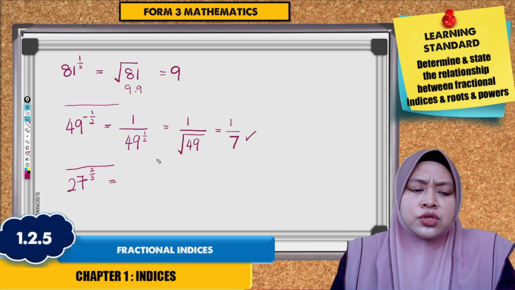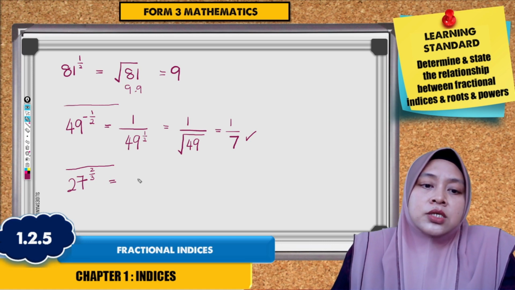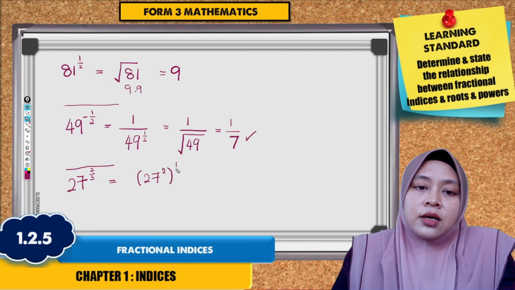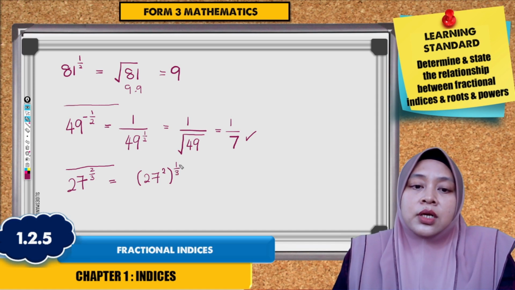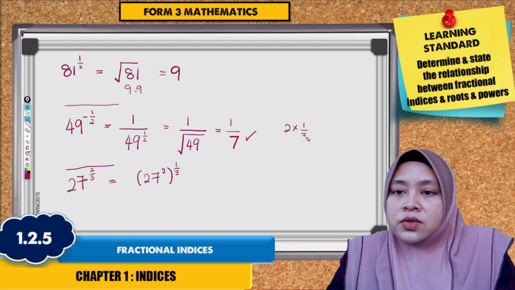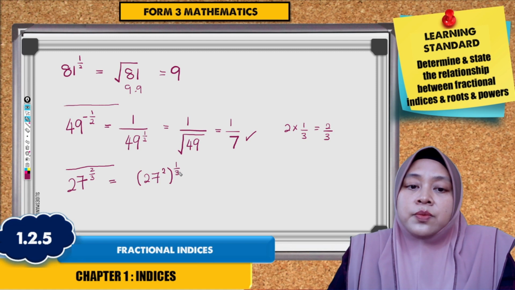So 27 to the power of 2, and then 1/3, right? 2 times 1/3 gives 2/3. I'll write it out here, you look: 2 times 1 over 3, 2 times 1 is 2, so 2 over 3. So you multiply here and we get the question.